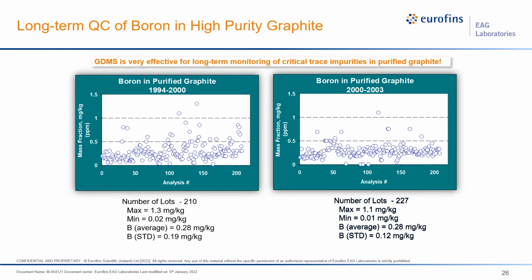You can see across each set of the 210 lots, at an average of about 0.3 ppm, we achieve very good precision. Likewise for this set. So this clearly demonstrates that GDMS is very effective for long-term monitoring of critical trace impurities in purified graphite.